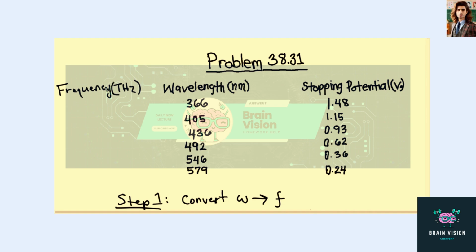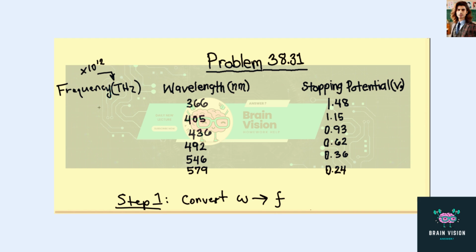So what I'll do is I'll write the frequencies in times 10 to the 12. So whatever number I write down, you should assume that it's multiplied by 10 to the 12. In other words, it's going to be in terahertz.